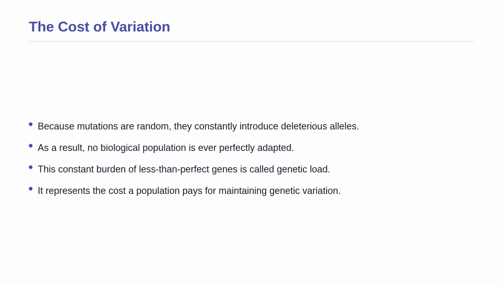This constant burden of less than perfect genes is what biologists call genetic load. It is a measure of the cost a population pays for maintaining genetic variation. Most new mutations are harmful, and they lower the overall average fitness of the population.